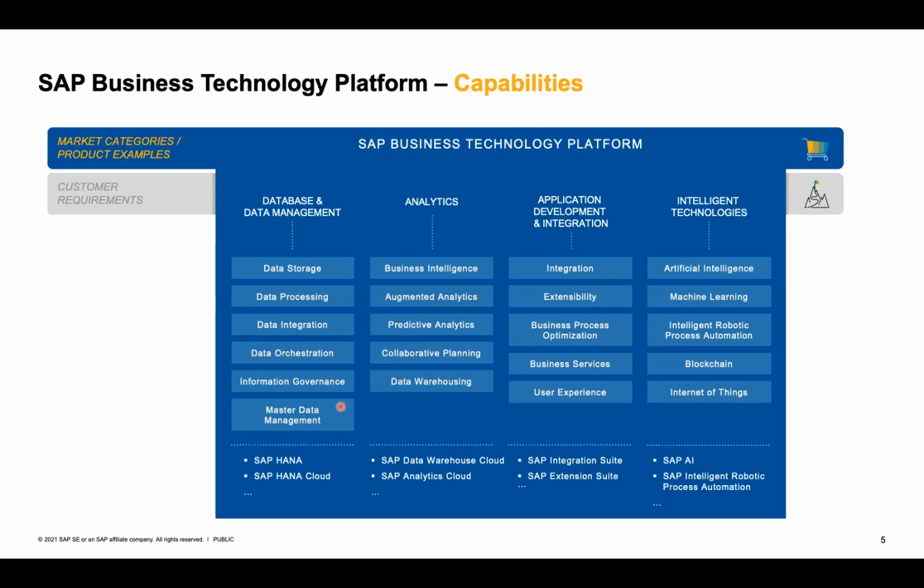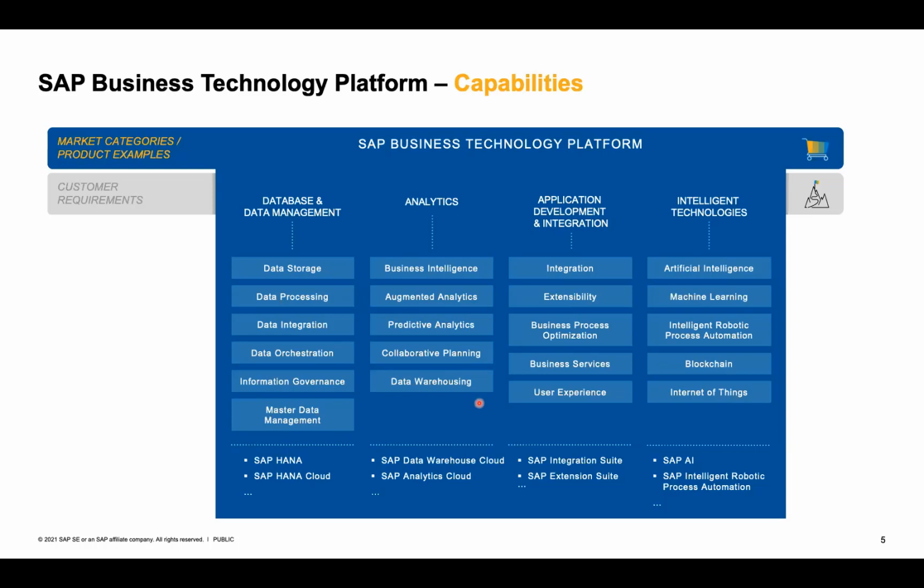So we see 4 pillars in this graphic: database and data management, analytics, application development, and integration and intelligent technologies. Some of these technologies and services are more of the classic sort. They have existed for quite a while, like SAP HANA, for example, data warehousing, stuff like that.